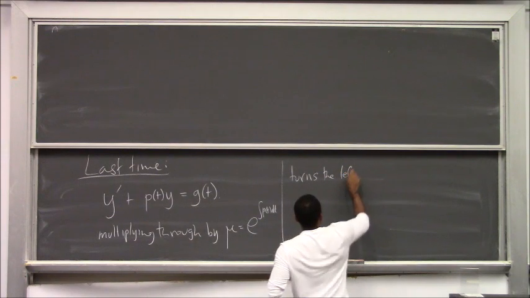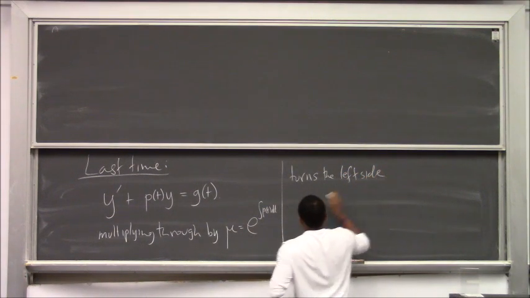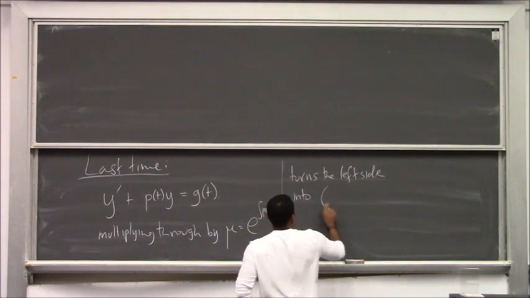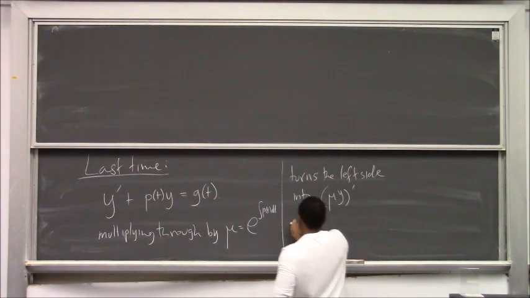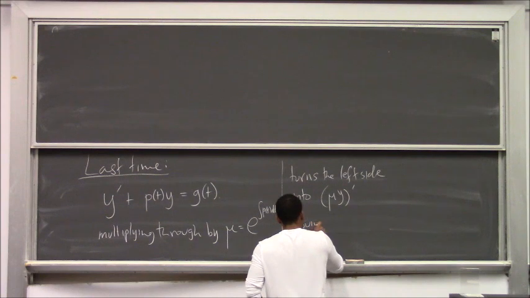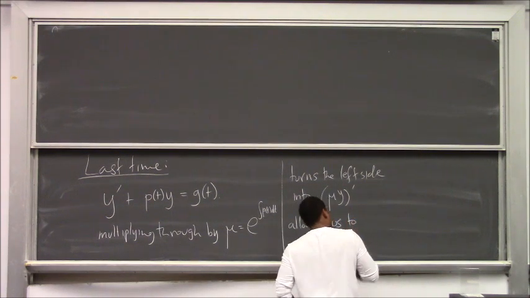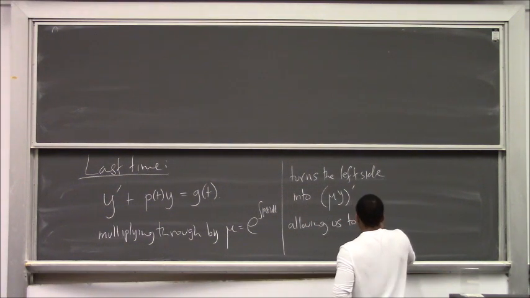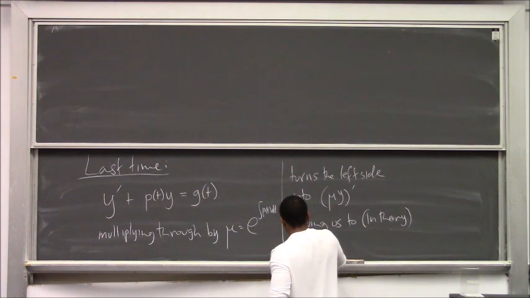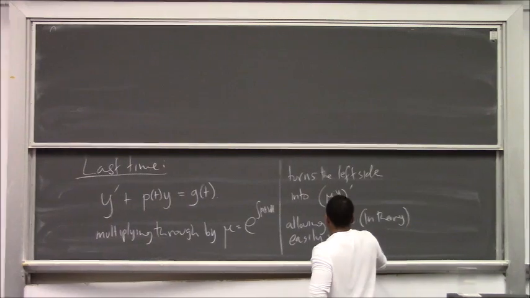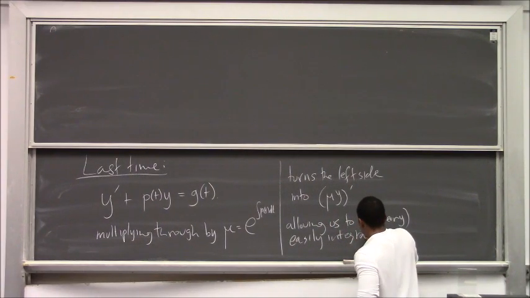That turns the left side into mu times y, all prime, allowing us, at least in theory, to easily integrate both sides and move on with our way.